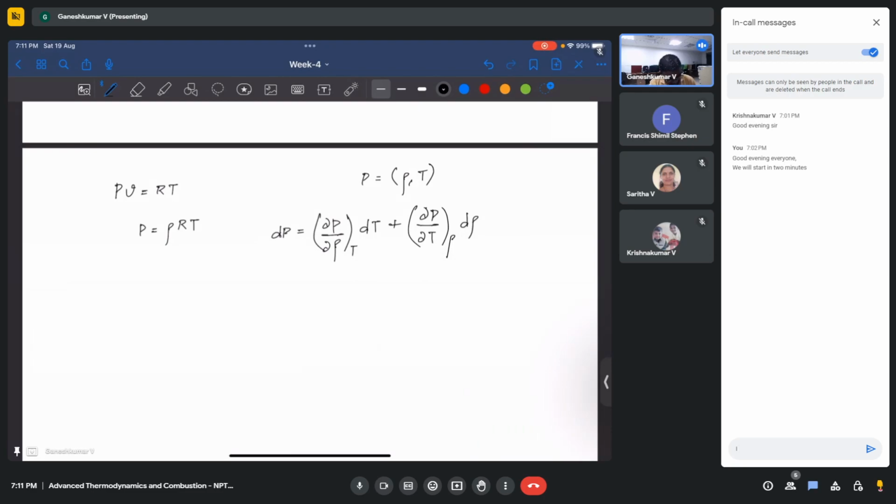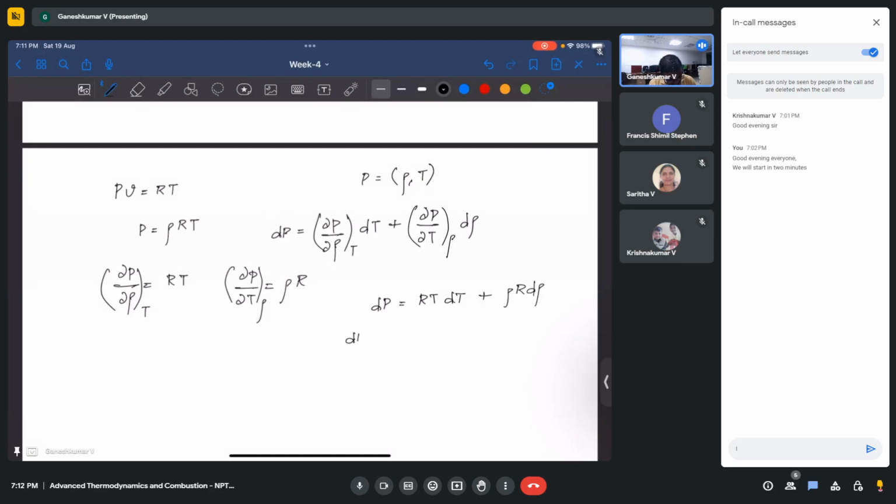If you take this relation and find dou P by dou rho, it is going to be RT. And dou P by dou T is going to be rho times R, at constant density. The first is at constant temperature. If you substitute it back, what happens? RT d rho plus rho R dT, right?